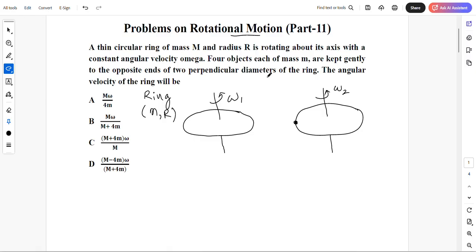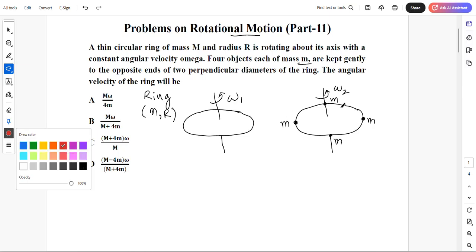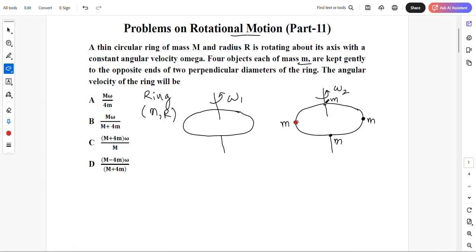Four objects, each of mass m. One m here, one m here, one m here, and one m here. Now what they are asking is the angular velocity of the ring.